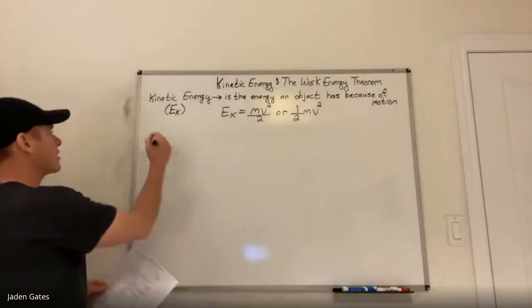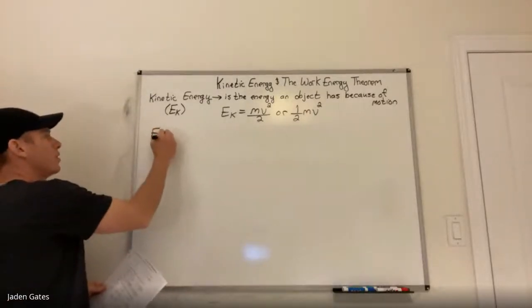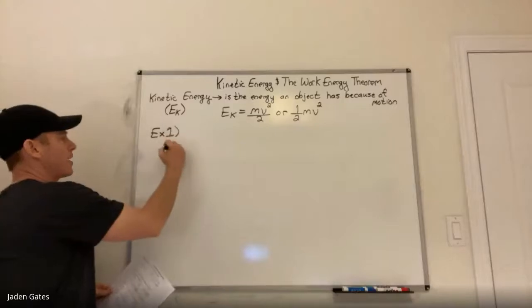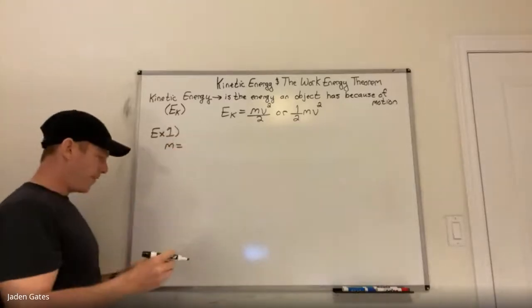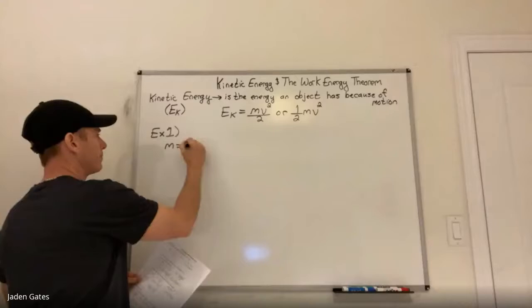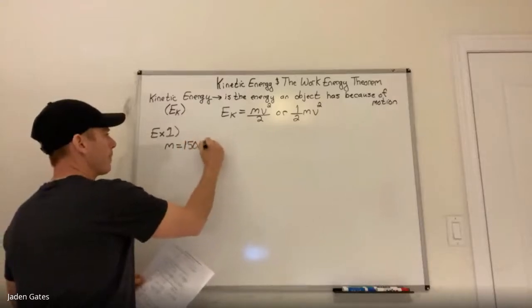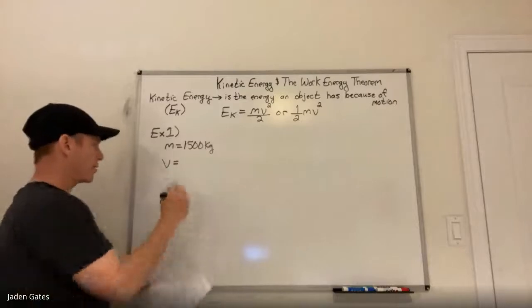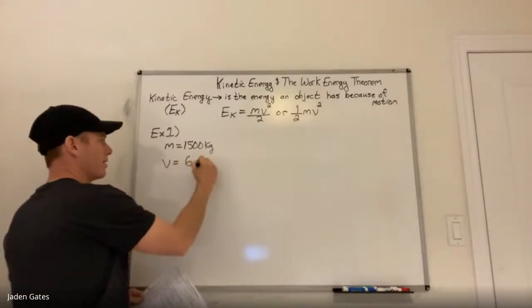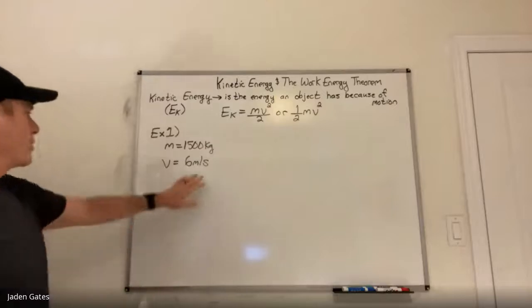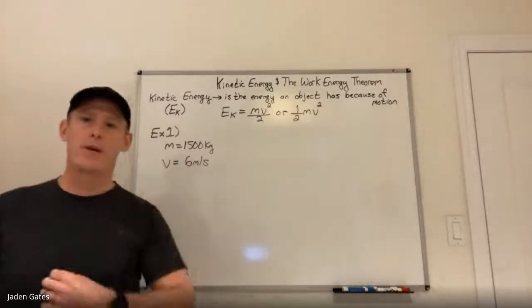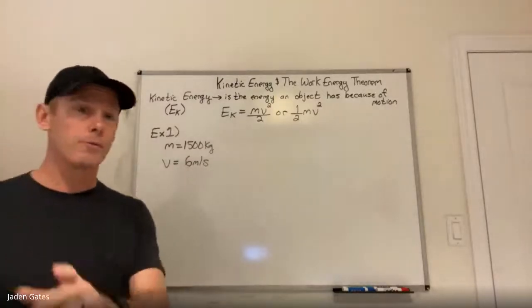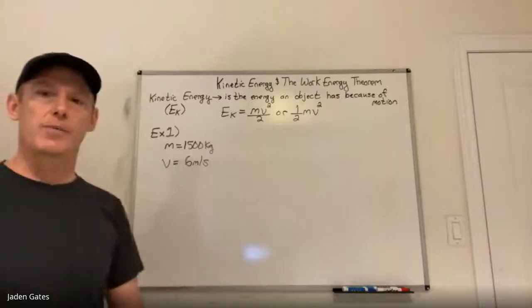All right, so this is example 1. We have our whale, which has a mass of 1,500 kilograms, and it has a velocity of 6 meters per second. You have to be in our standard units, where velocity has to be in meters per second, not kilometers per hour, and your mass has to be in kilograms.